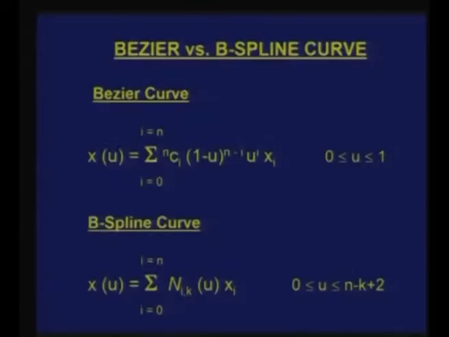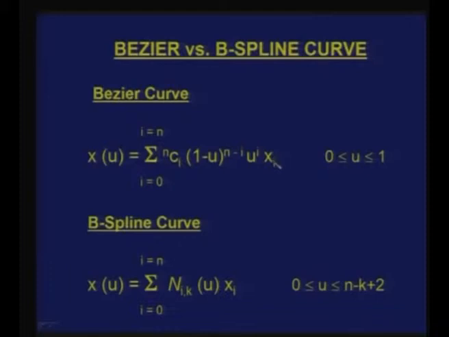Now, let us look at how this class of curve differs from, let us say, a Bezier curve. We have already discussed the Bezier curve definition. If I have n control points, then the x coordinate of the curve is given by a summation of a number of terms, as many terms as there are points.